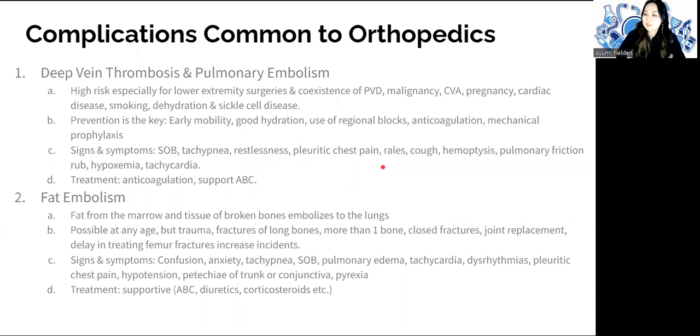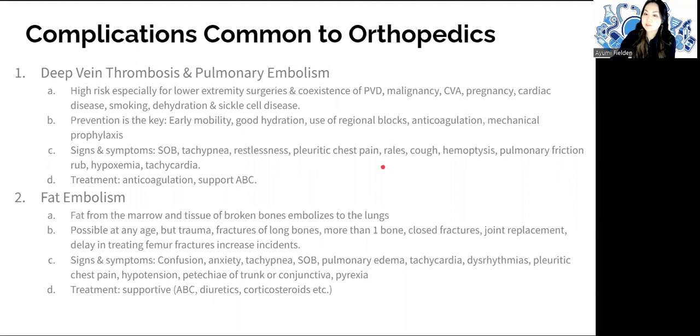For the patient, especially with a hip procedure, can throw a fat embolism. Fat from the marrow and the tissue of broken bones embolize to the lungs. Possibly happens at any age, but trauma, fracture of long bones, more than one bone, closed fractures, joint replacement, delaying treatment of femur fractures increase the incidence.